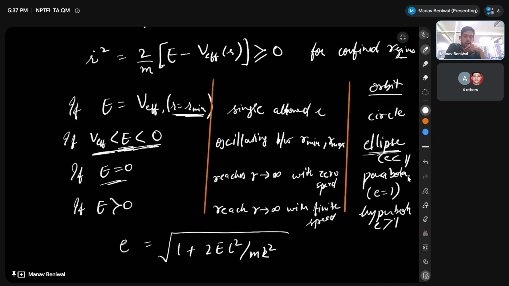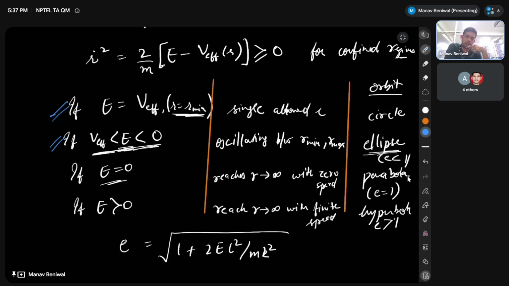Okay, so basically for an inverse square law potential, depending on the energy, we can have the orbit to be confined or not confined. These two are the examples of confined orbits, right? First one is the simplest case, that my radius is fixed.